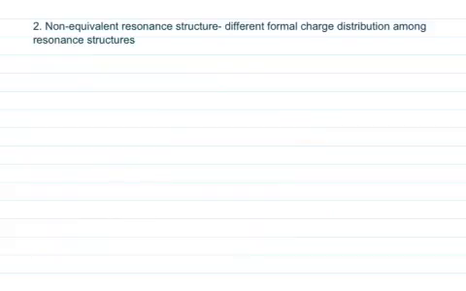Now the second type is non-equivalent resonance structures, which means different formal charge distributions among resonance structures. So let's take a look at an example of bromine trioxide. Now we know that bromine has 7 electrons around it and oxygen has 6.